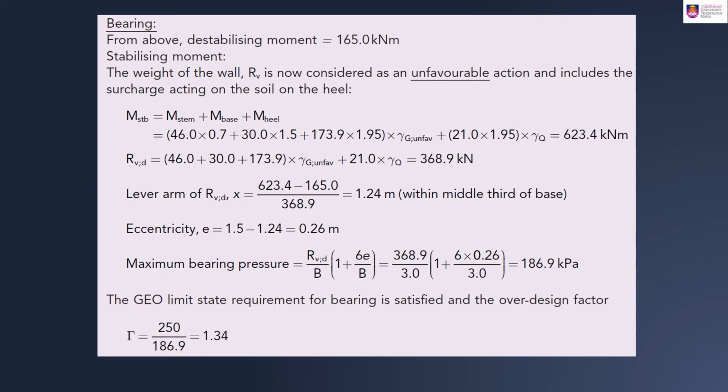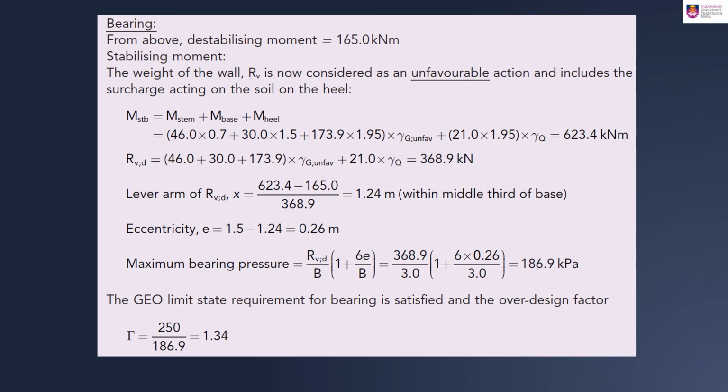And then when we check on the bearing, we have the destabilizing moment of 165 kilonewton meter, and for the stabilizing moment, the weight of the wall RV is now considered as an unfavorable action and includes the surcharge acting on the soil on the heel.